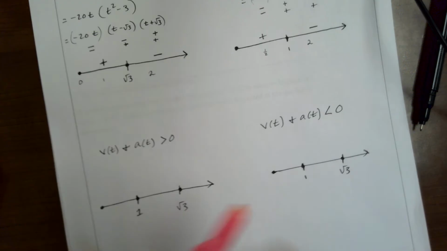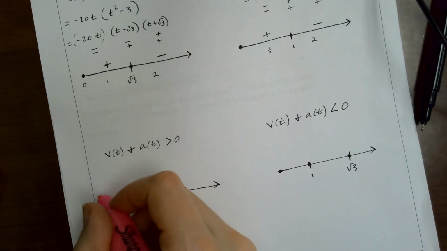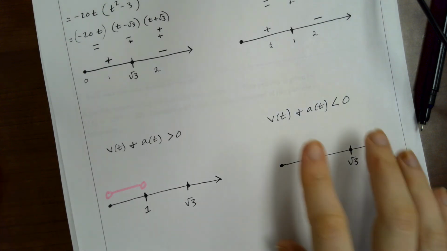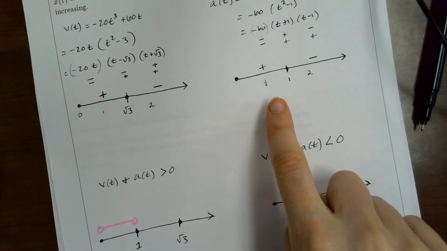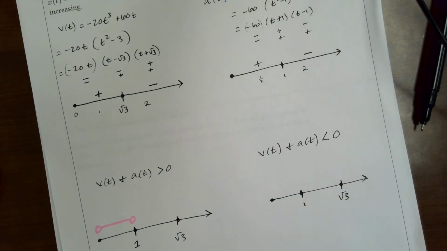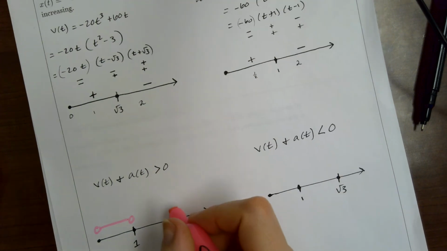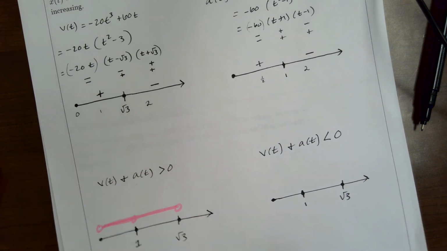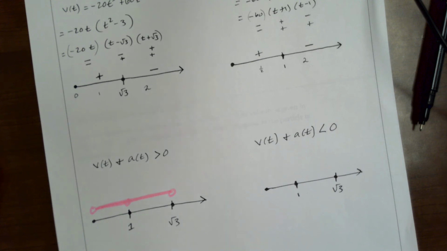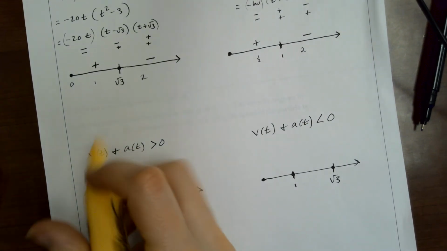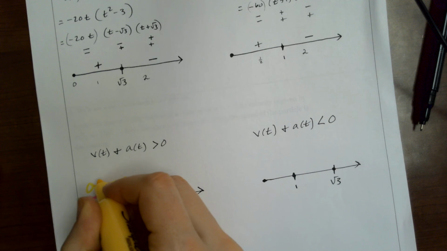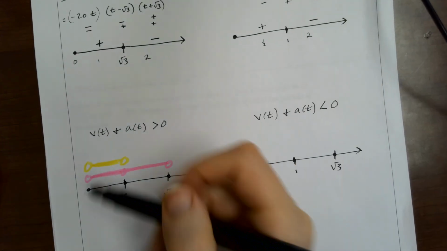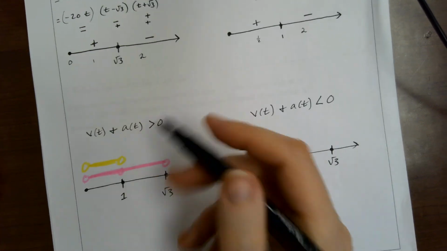So velocity is positive from here to here, and then acceleration, no, I'm wrong. Velocity is positive from there to there, okay? And then acceleration is positive from there to there, all right? So you look for the overlap, okay, so right there.